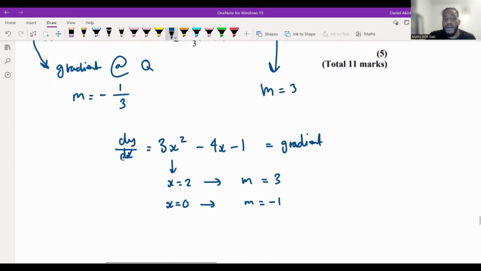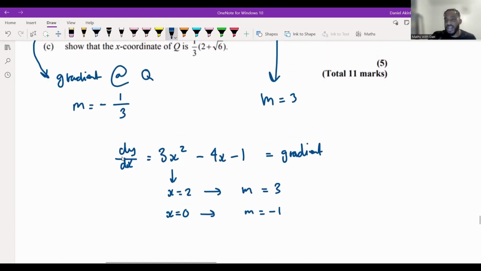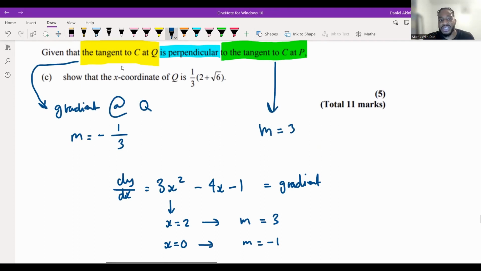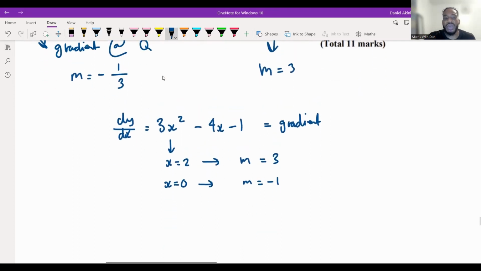So remember what I say: you plug in values of x and you get a certain gradient out. Since we know that the gradient of this tangent to C at Q is minus a third, do we then agree that for a certain value of x, if I plug it in, this must equal that gradient of -1 over 3?